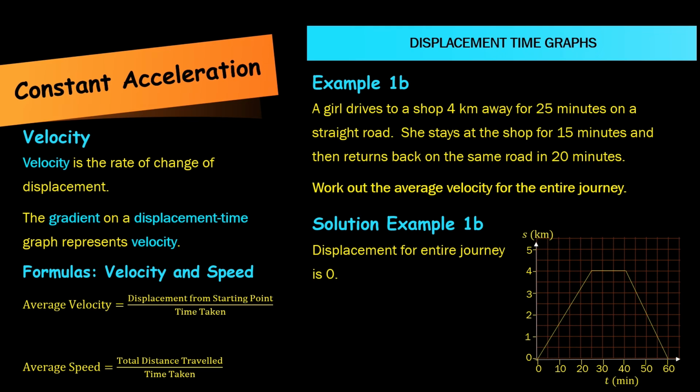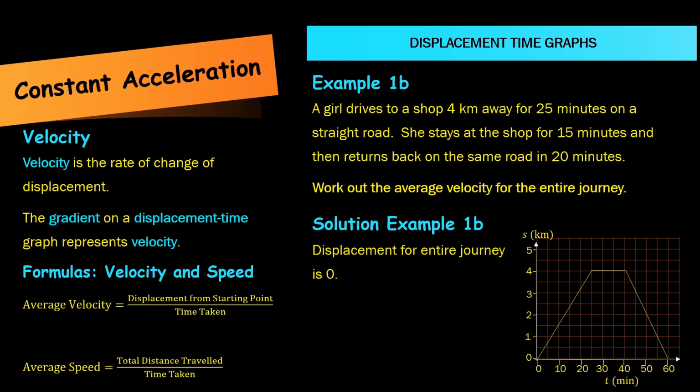The displacement for the entire journey is 0. The girl travels 4 kilometers, so plus 4, and then returns on the same road, so minus 4. We're looking at displacement and not distance, so direction is important.